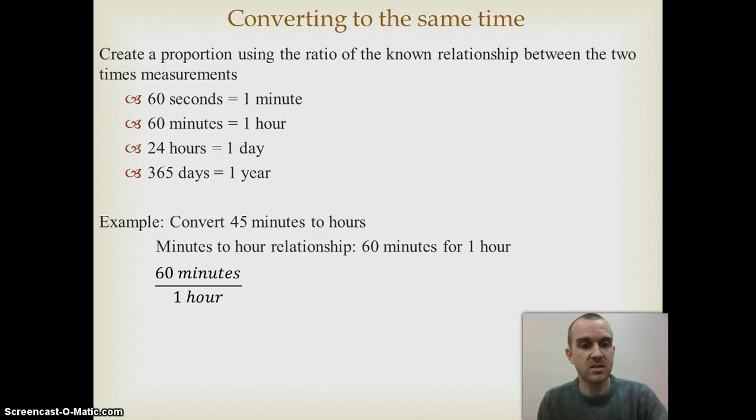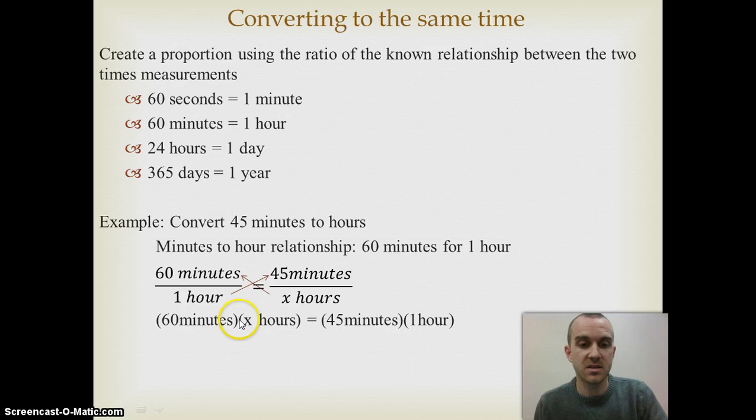So if I set that as a ratio, 60 minutes over 1 hour, that's going to equal, well, now I'm going to plug in what information I was actually trying to use: 45 minutes for some number of hours I don't know yet. Since it's a proportion, I can cross multiply, and that's going to give me that 60x is equal to 45.